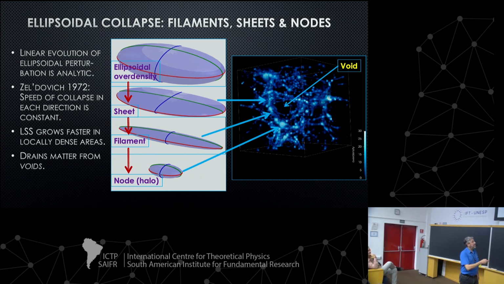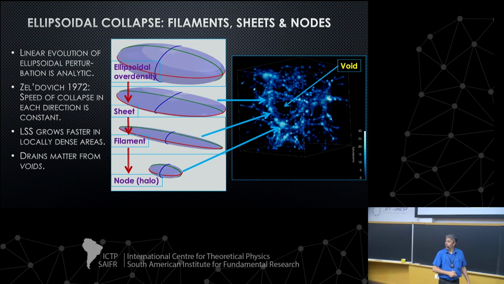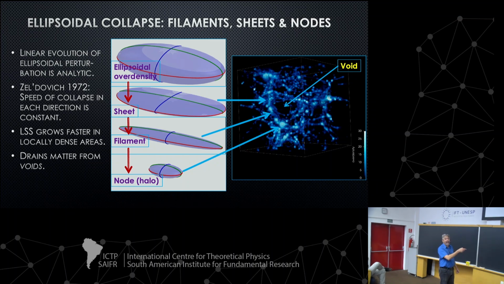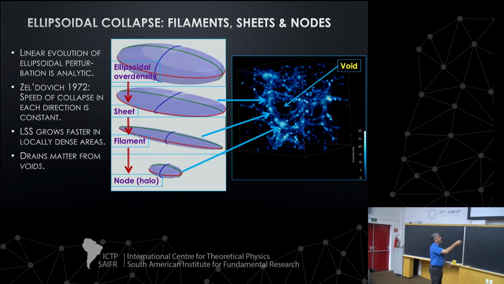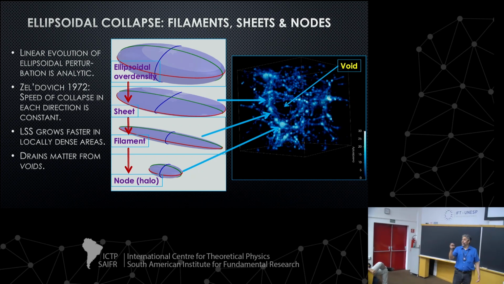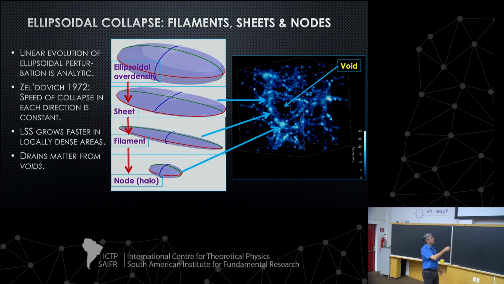What you're seeing in this large-scale structure are locations in the universe in different stages of this process. If you have a lot of matter and a lot of gravity, it goes through this very quickly in a local region. But if you don't have a lot of matter, by 13.8 billion years you might still only be in a sheet, or have only gotten to a filament, and so forth.